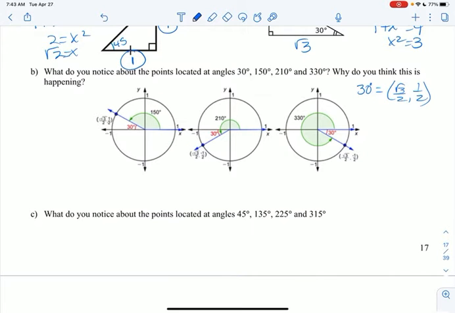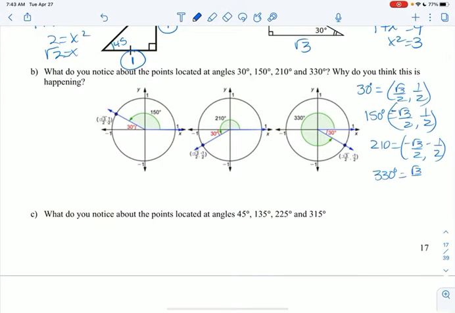I'm just going to write them right here. The 150 degrees was negative radical 3 over 2 and 1/2. The 210 degrees was negative radical 3 over 2 and negative 1/2. And the 330 degrees was radical 3 over 2 and negative 1/2.